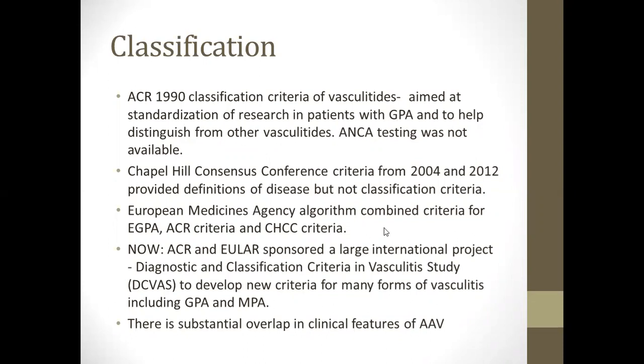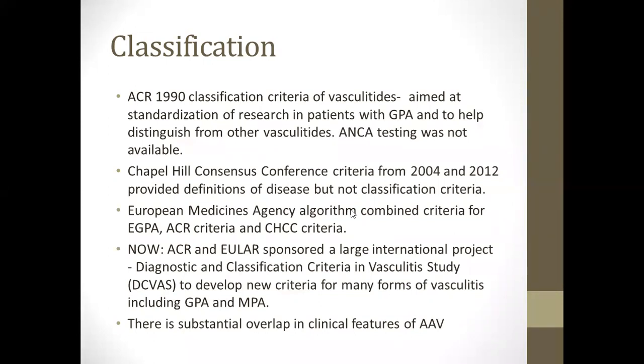Then EULAR over in Europe meshed the ACR and the Chapel Hill Consensus Conference, but ultimately we now have a more specific classification system with the DCVAS, and it gives us better criteria for defining GPA and MPA.